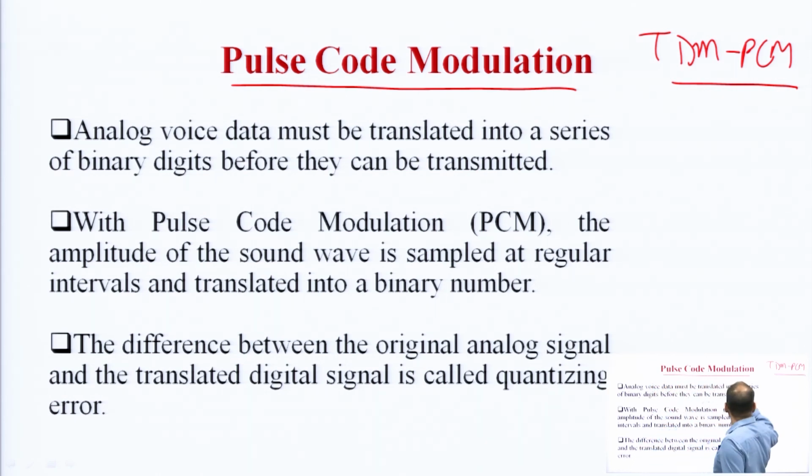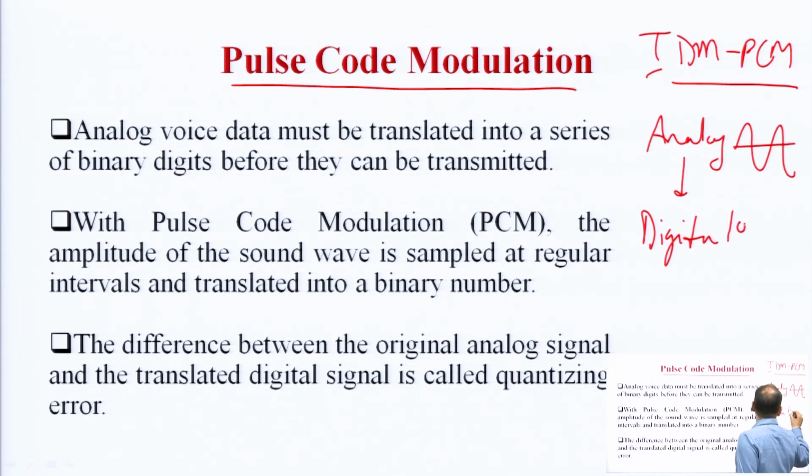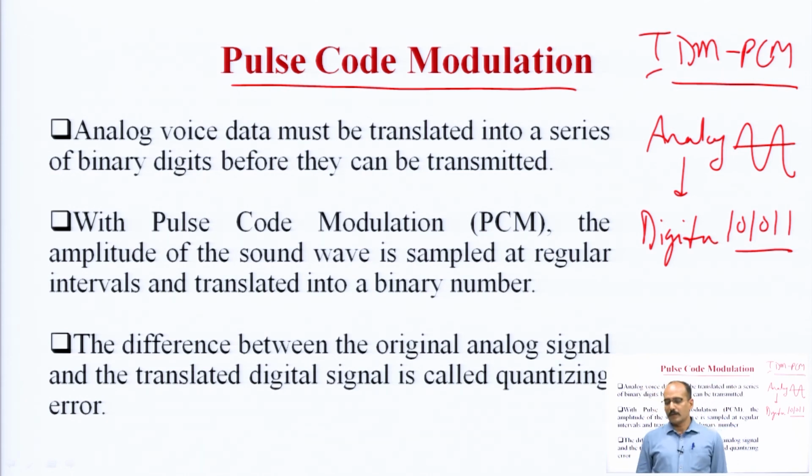This technique is more popular because pulse code modulation, which is also known as analog to digital conversion, takes an analog signal and gives a digital output in the form of 1s and 0s. Pulse code modulation is very famous for digital multiplex systems used for digital telemetry systems.